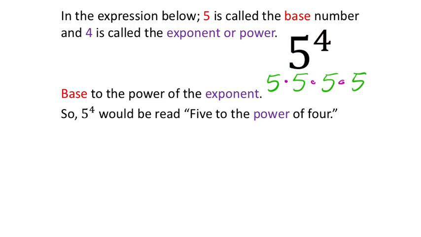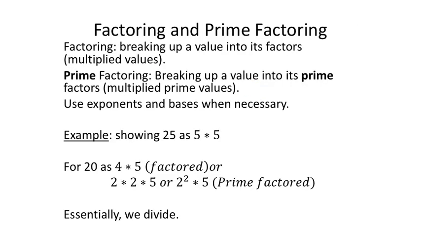Now, the reason why we're seeing this again is because when we start using prime factorization for whatever values they give us, we are going to need to use exponents if we see any repeated multiplication. So you have to keep that in mind, but it goes with the definition of what exponents are. So prime factorization.